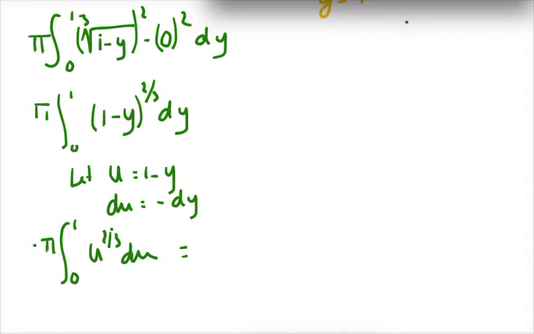Take the antiderivative. I'm going to add 1 to 2/3, carry on your pi. 2/3 plus 3/3 is 5/3. Divided by 5/3 is 3/5 u to the 5/3, evaluated between 0 and 1.